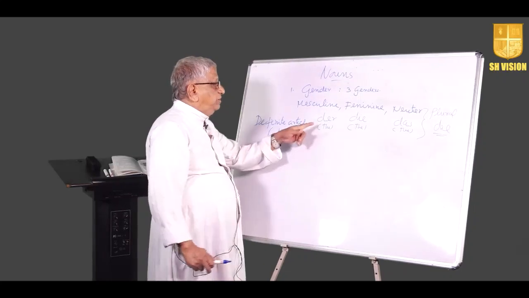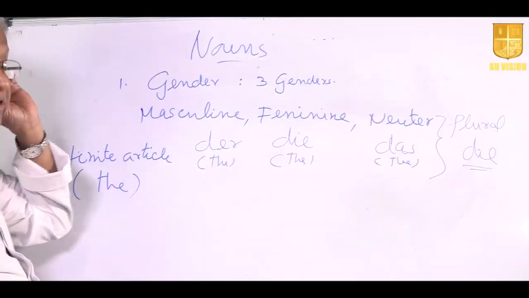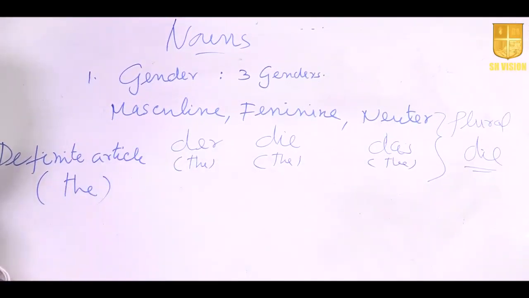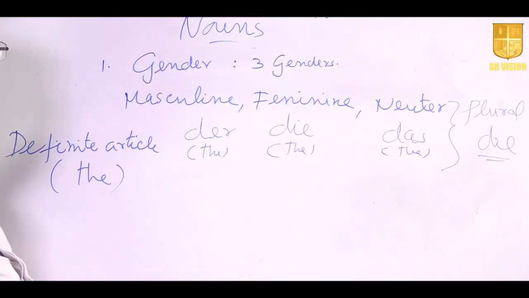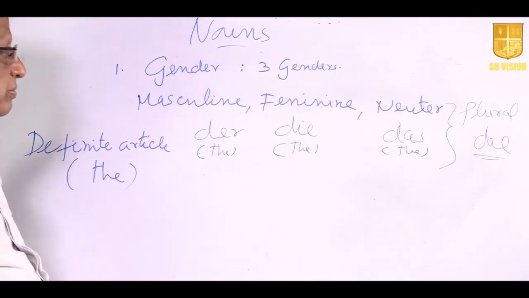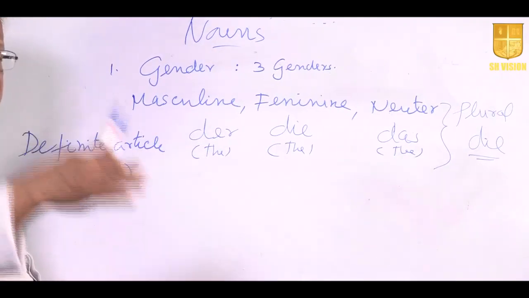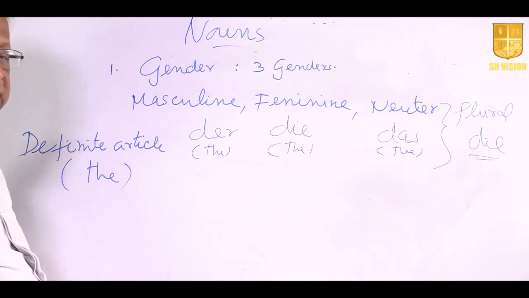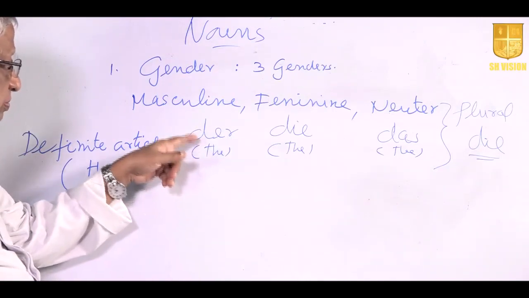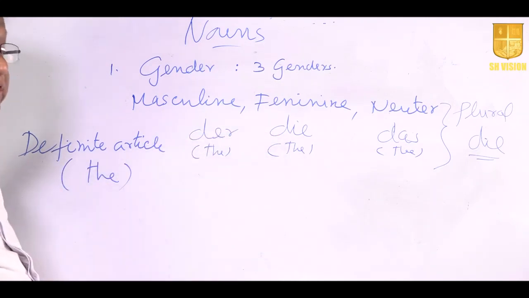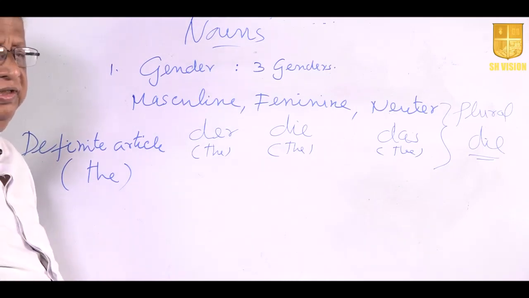But this definite article is conjugated according to the case of the noun. If it is masculine nominative case, you have to use der. If it is masculine accusative case, there is another form for der. So the definite article in German is very unique and very essential.